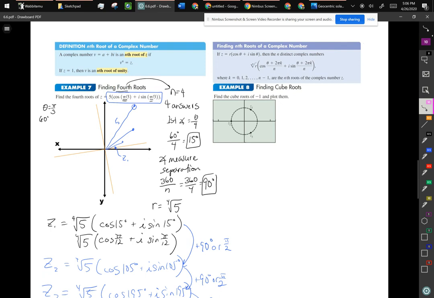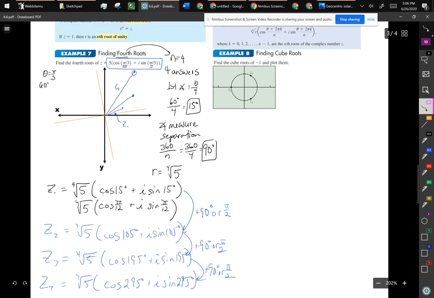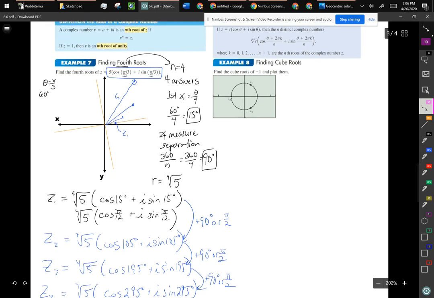And then the following one, you add 2 90s. Think about it. If I add 90 here, and then I add another 90, that means by the third root, I'm adding 180, or 2 times 90. By the fourth root, I'm adding 3 90s, or 270. And that's what k is. K is saying how many of the separating angle spaces am I going to add.